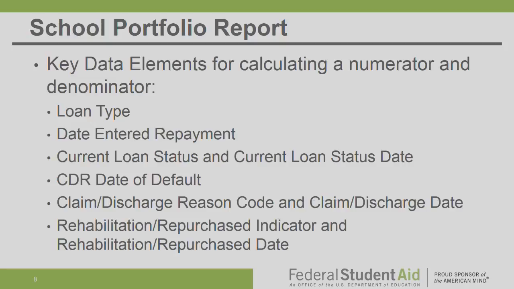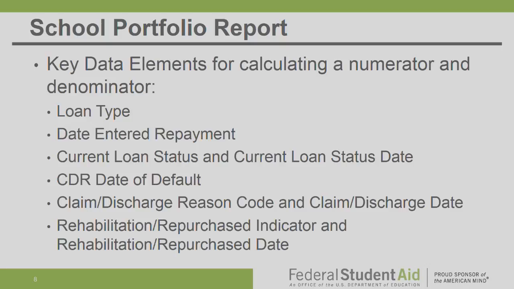We cannot produce a rate that is not a draft or an official rate, so we don't have a report that creates the cohort default rates over time. That's why I'm giving you the tools to do it for yourselves. We get the question all the time, can you just create a report showing what our cohort default rate looks like today? We're not allowed to. It's a strict interpretation of the regs.